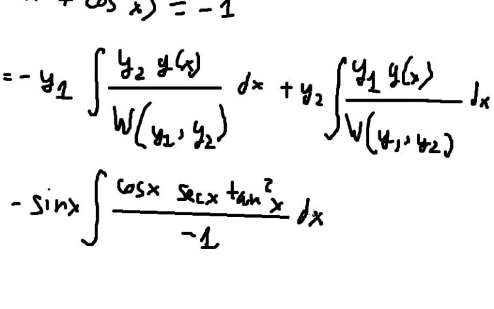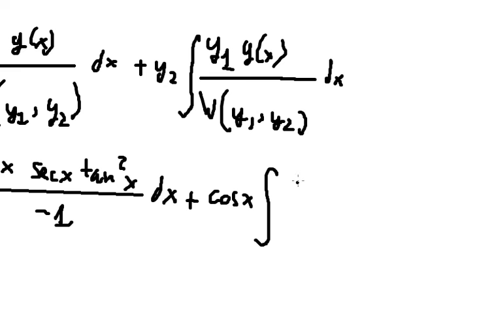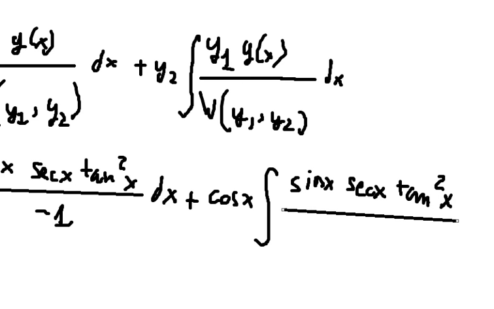The next one we do the same, but this is y2, so we have cosine x, the integration of sine x, secant of x tan x squared over negative 1, ds.